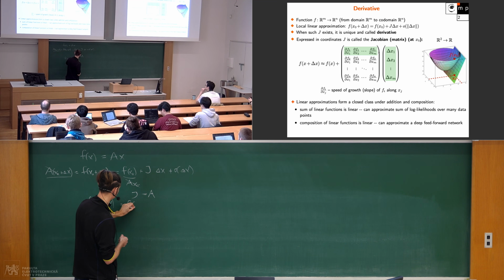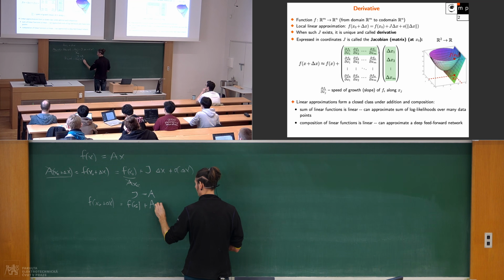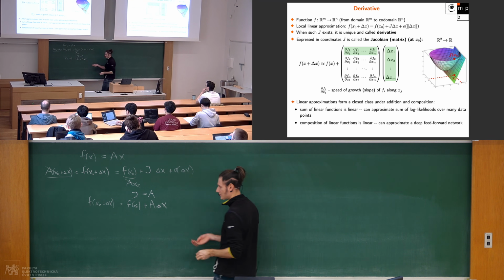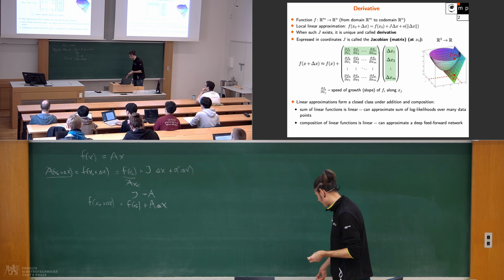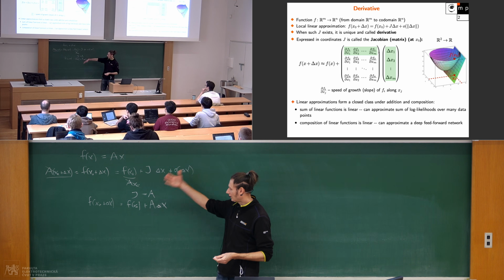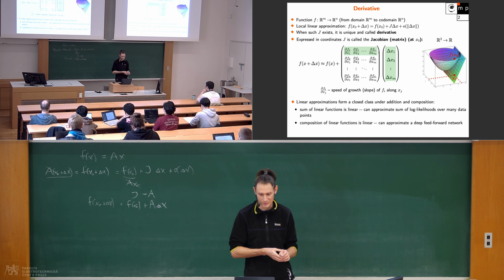is a delta x. Yes, what would you expect, right? So if it was a linear function, then the derivative is the linear part, the linear operator, and the linear approximation is the original function itself.